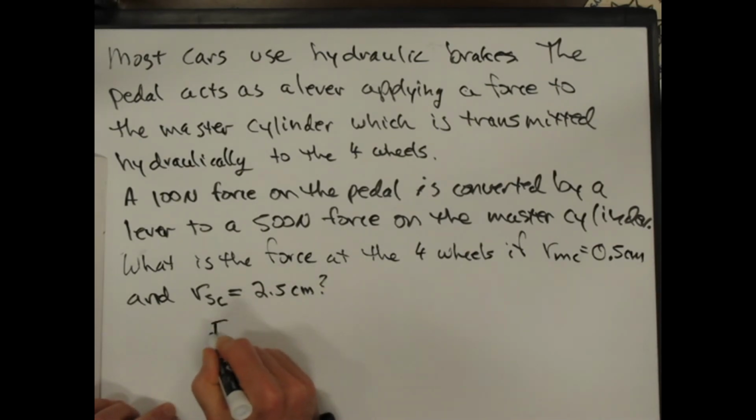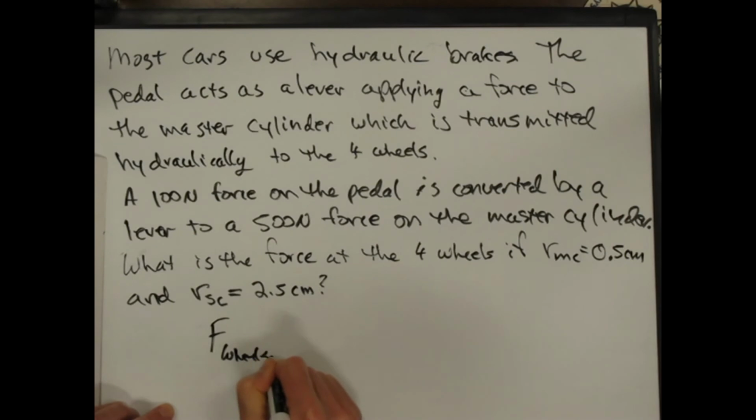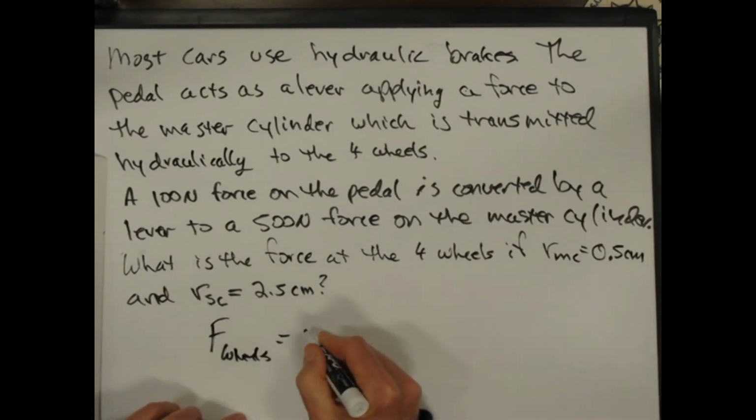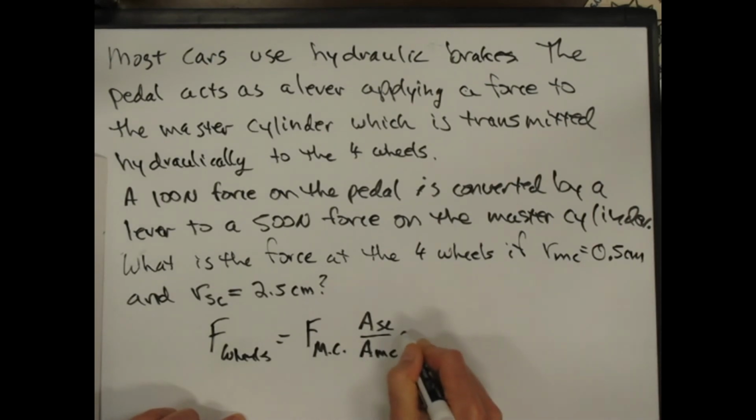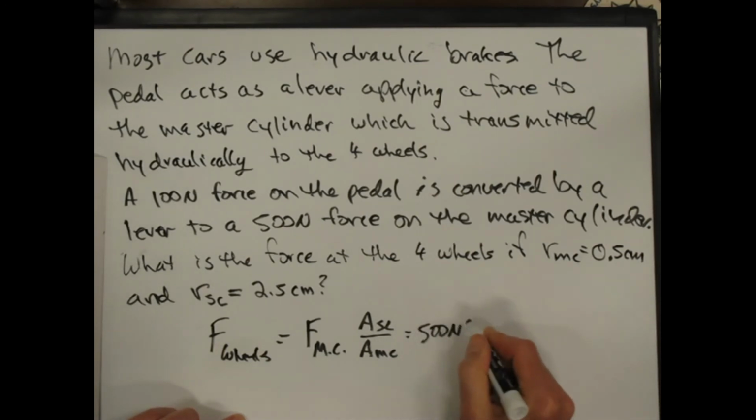And so what we said last time is, look, the force that you're applying, the force that you're getting, F2, this is at the, so I'll write it this way, the force at the wheels is equal to the force at the master cylinder times the area of the slave cylinder divided by the area of the master cylinder. And so that gives me the force at the master cylinder is 500 newtons.